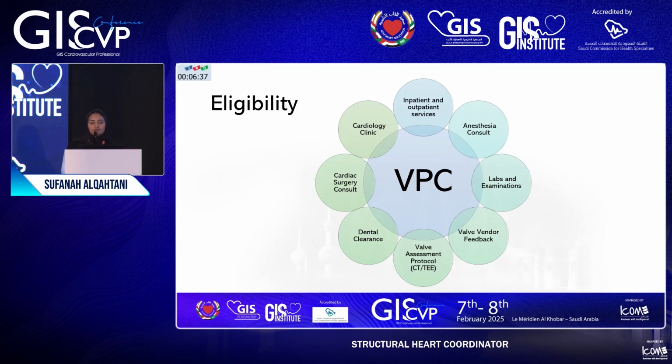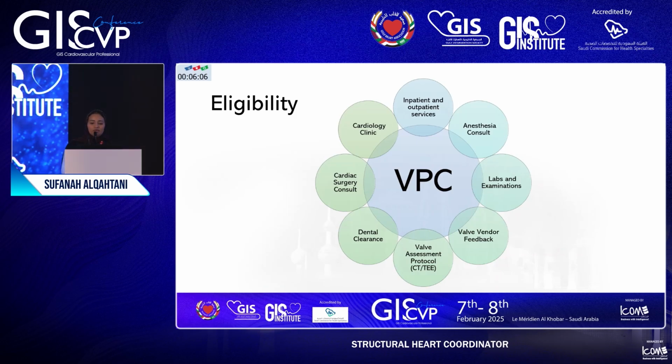And when you decide that the patient has a better chance with the percutaneous intervention, you need to assess your backup plan or your bailout, if the patient will need a surgical bailout or just ECMO bailout. Another thing to assess is your valve assessment protocol. For example, if the patient is going for TAVI, he will need to go to radiology for CT TAVI. If the patient is for mitral clip, you will need to do your TEE assessment.